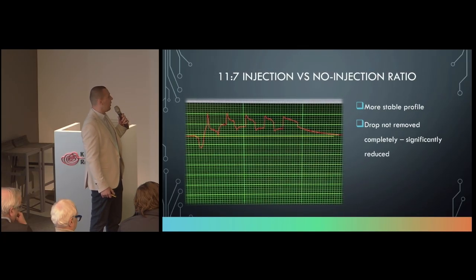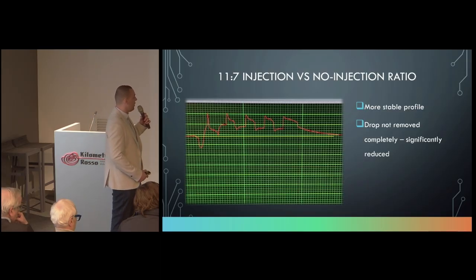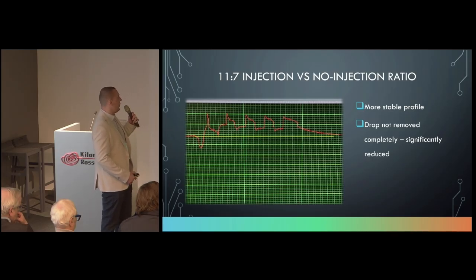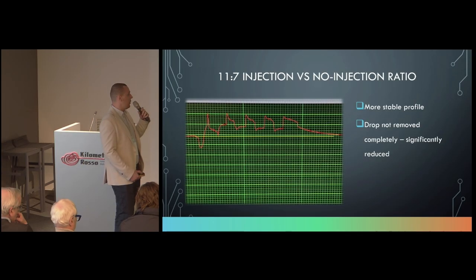And the last one we tried, the 11:7 ratio. As you can see, here we have a more stable profile. We have a temperature drop of only 10-15 degrees of the whole specimen, compared to 35-40 with the previous ratios.